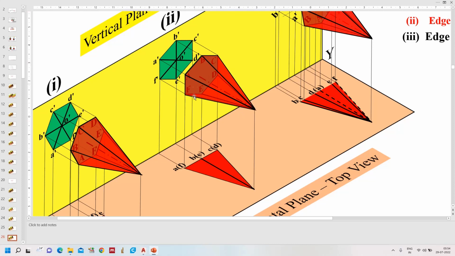But when you see from the top, FO lies below the AO. This is a hidden one, this is a visible one. FO lies below the AO and EO lies below the BO and DO lies below the CO. So these three are hidden edges, these three are visible edges.